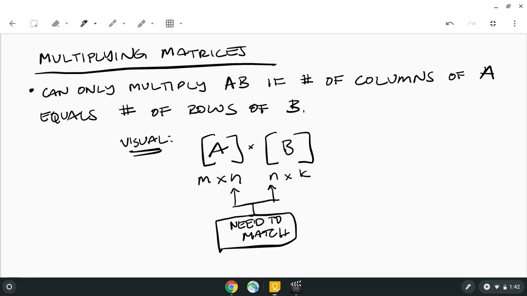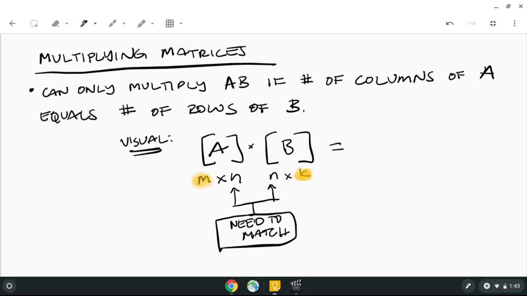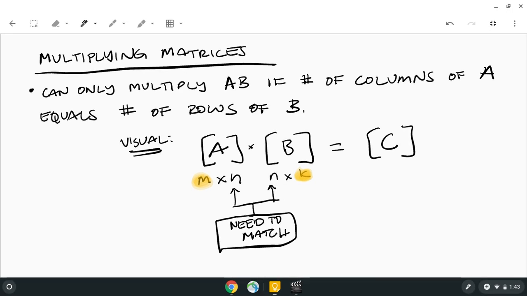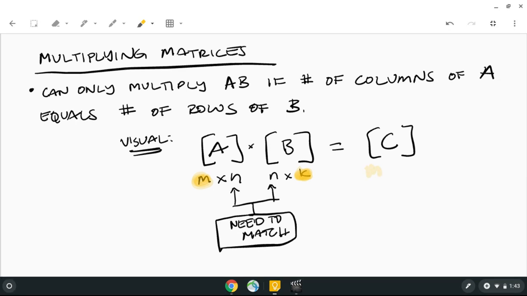Do you see this here? And this here? So the M and the K right there, your answer, this here will be some matrix C. And the dimensions of this are going to be, let me erase that.